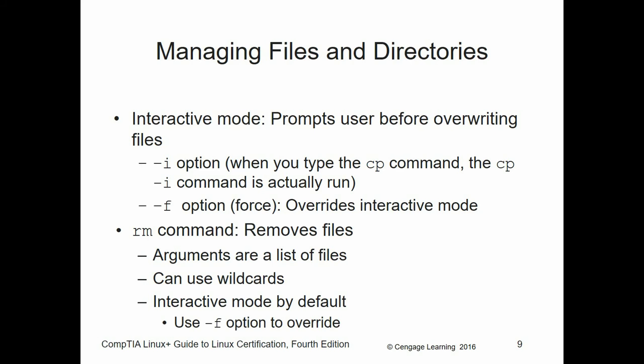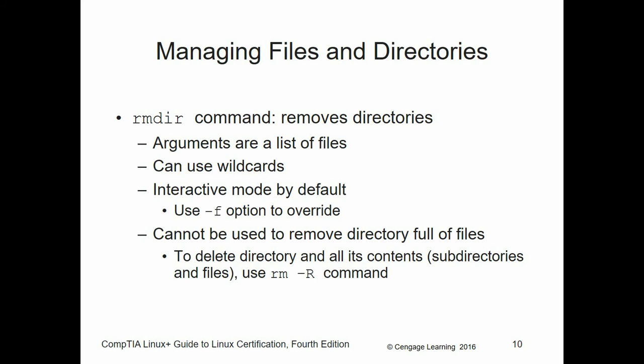The rm command removes files. Arguments are a list of files. You can use wildcards. Interactive mode is the default. Use the -f option to override. The rmdir command removes directories. Arguments are a list of directories. You can use wildcards.